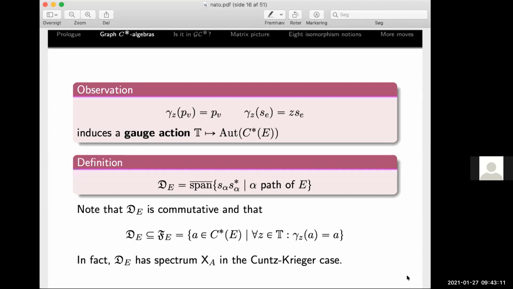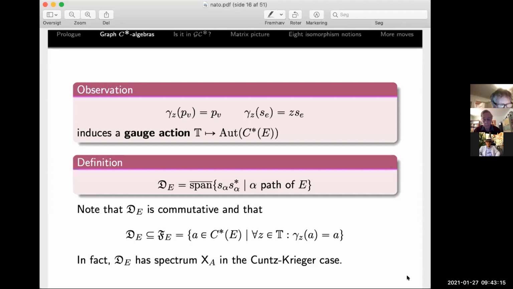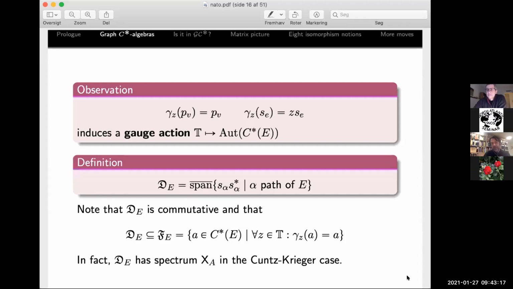There's also a diagonal, which is the span of S_alpha S_alpha star, where alpha is a path. You just take a path of edges and take the corresponding partial isometries and multiply them together. If you do it in this balanced way, this C-star algebra will be commutative.